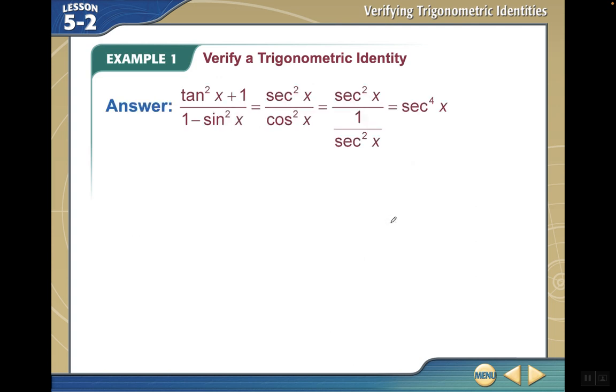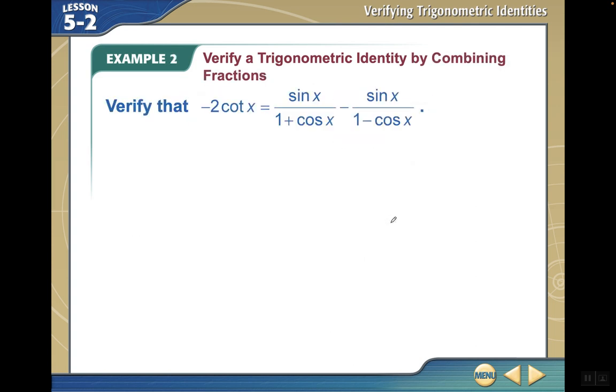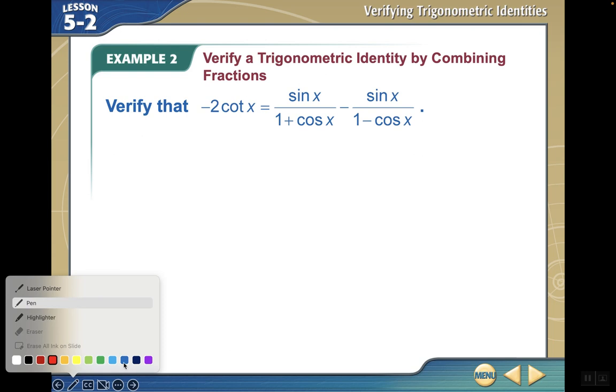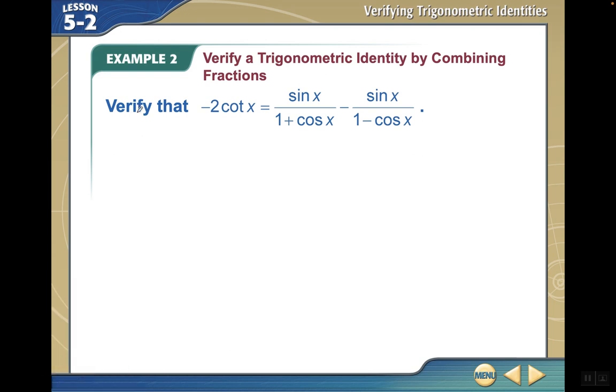There's their answer. Here's another one. When I look at this one, I see that I probably want to work on the right side. So I can multiply this first term on the right side by the conjugate, 1 plus cosine x.